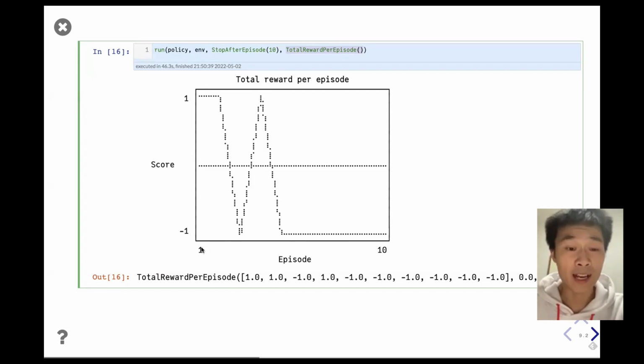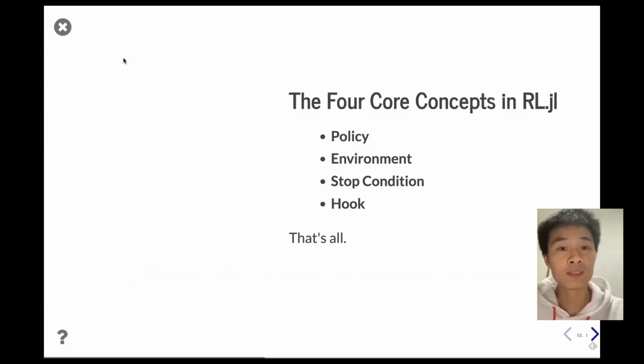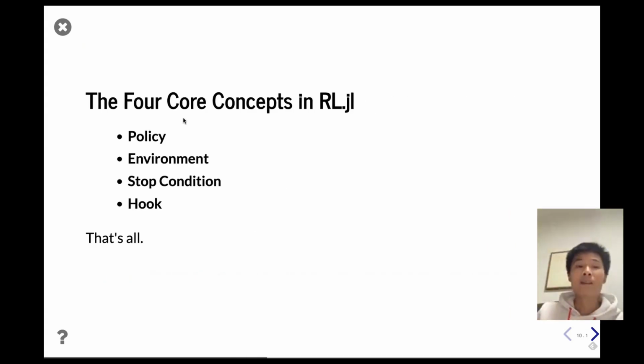Here at episode 1, we get a reward of 1, and at episode 10 we get a reward of -1. So now we have already learned the 4 core concepts in RLWL: the policy, the environment, the stop condition, and the hook.